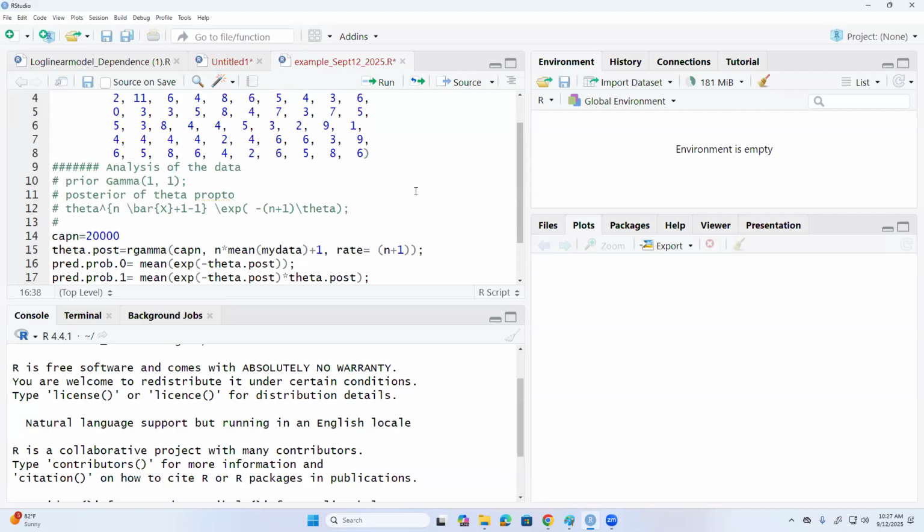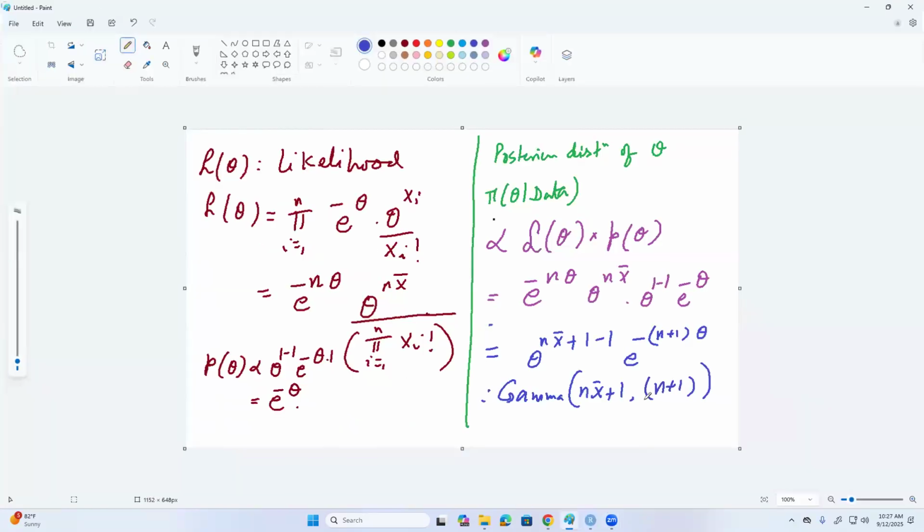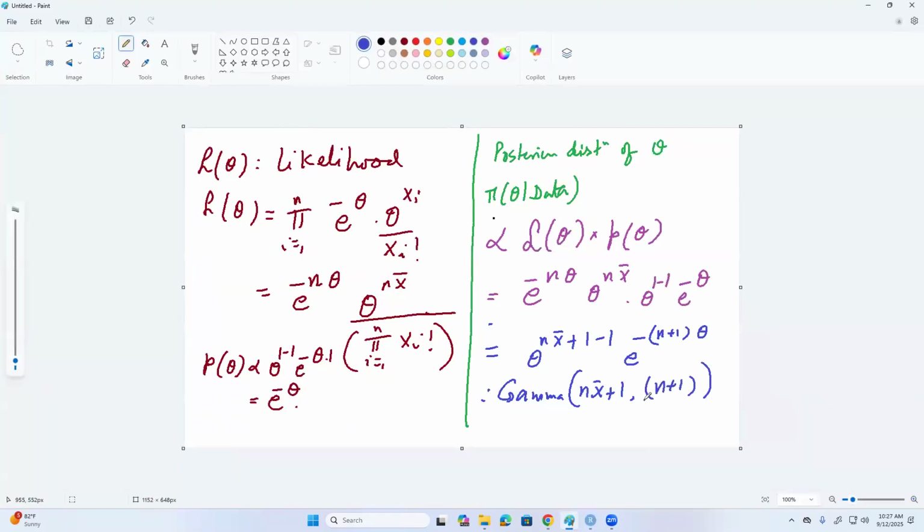And then I would like to calculate the predictive distribution, or posterior predictive probabilities.